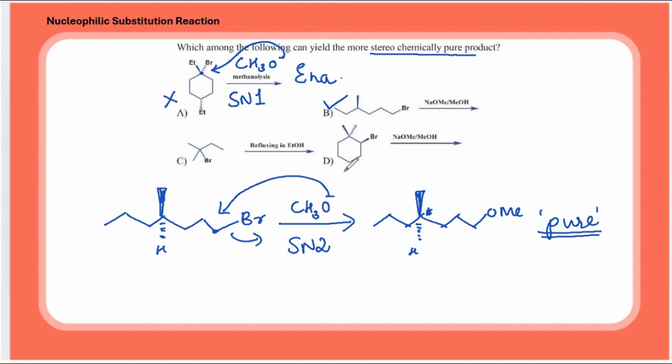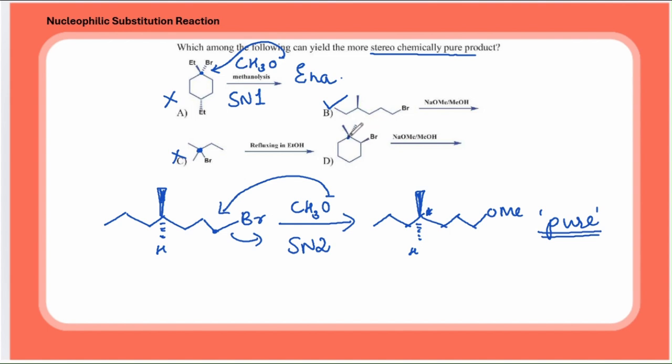Let's check if we have one more right option. Let's check for option C. Look at this carbon, it is attached to 2 methyls. So there is no possibility of a chiral carbon itself. And this will, however, undergo SN1 reaction. So either way, this is not the right answer. Let's check for this.